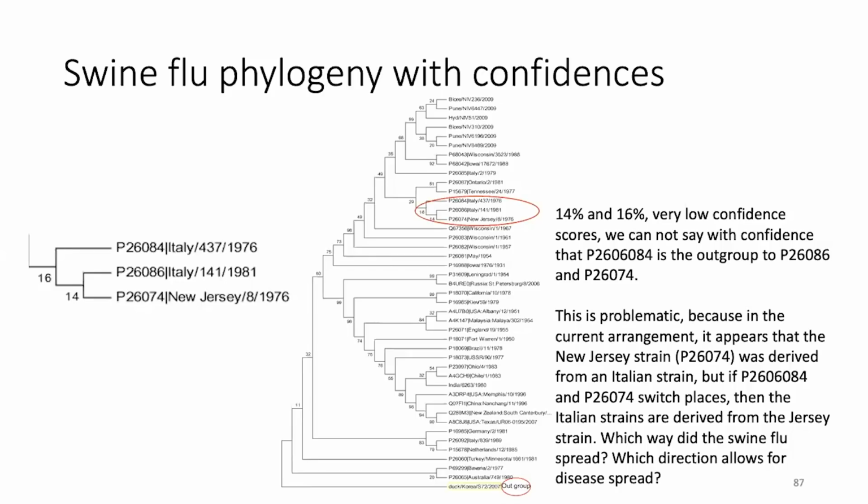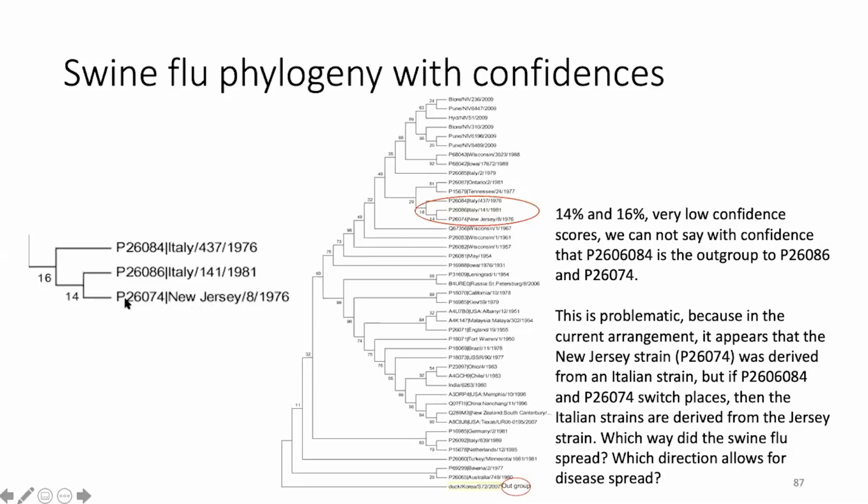But we were interested in tracking the spread of swine flu, and why indicating these confidence values is important is so that people don't overinterpret the data. And so I just want to zoom into this one small section of the phylogeny. In this phylogeny, it shows that there are two strains of Italian bird flu, and then there's a strain of New Jersey bird flu.